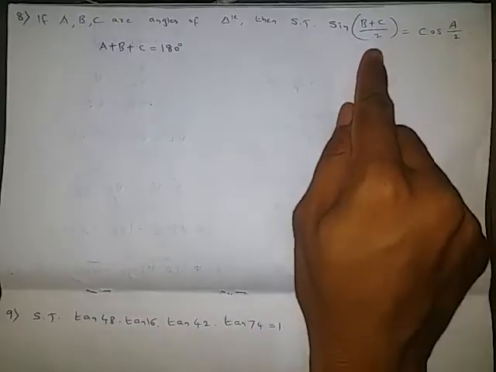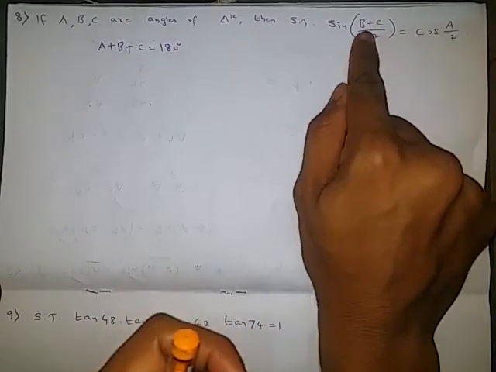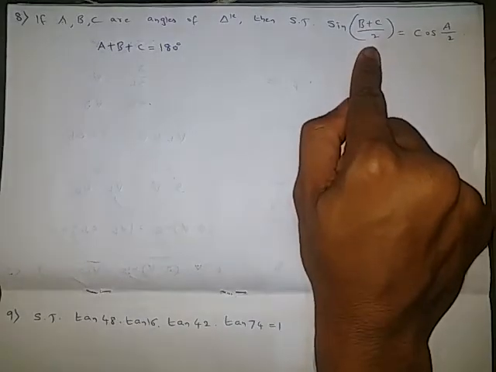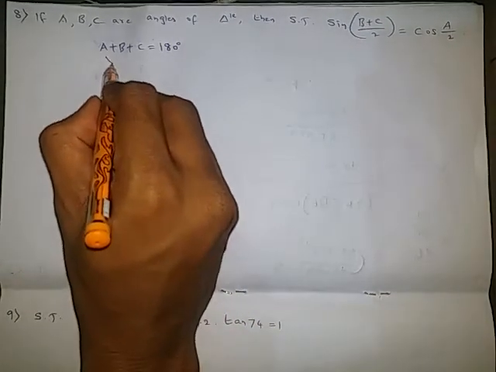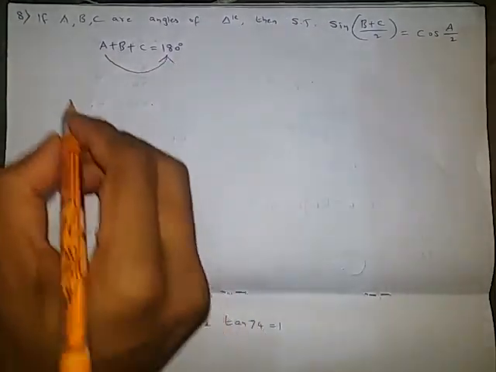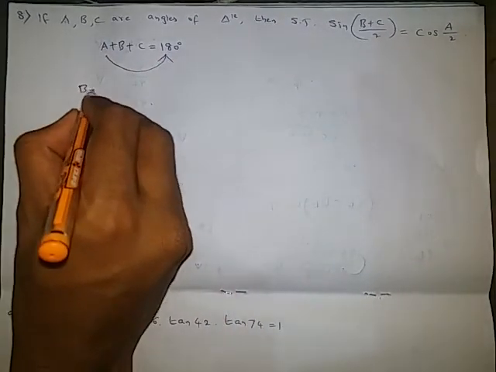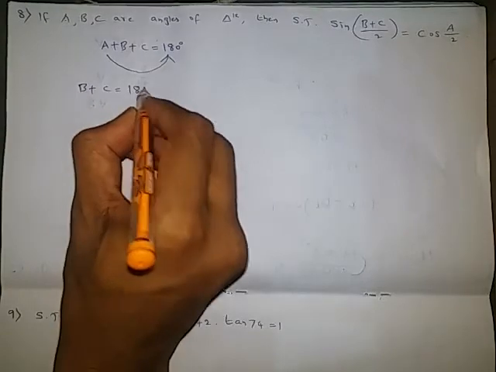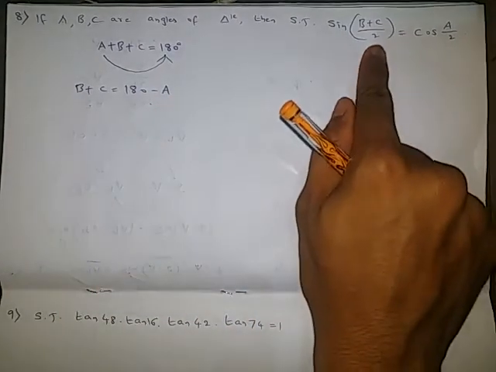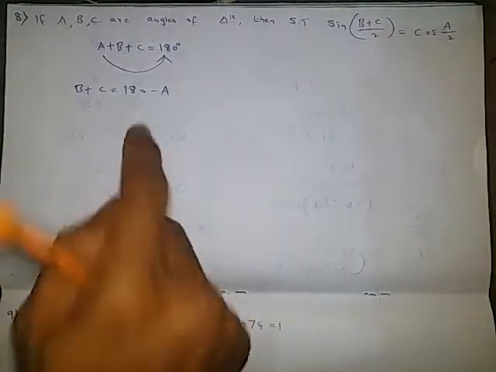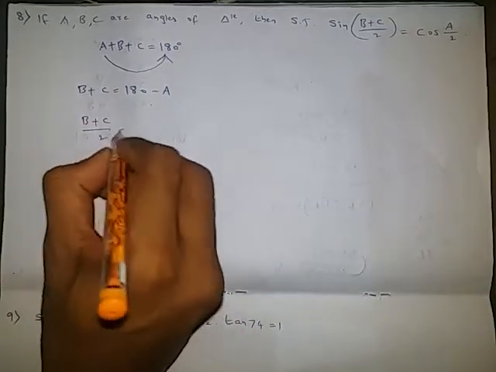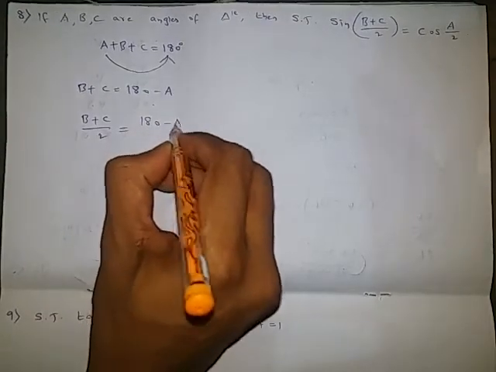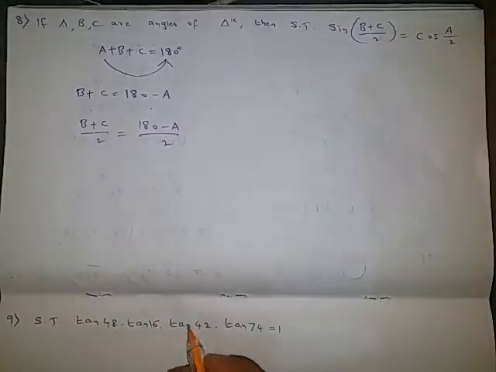In what we need to prove, B and C are on one side and A is on the other side. So in the same way, I am taking this A to the other side. So we will get B plus C is equal to 180 minus A. Next we have 2, so on both sides I will divide by 2. (B plus C) divided by 2 is equal to (180 minus A) divided by 2.